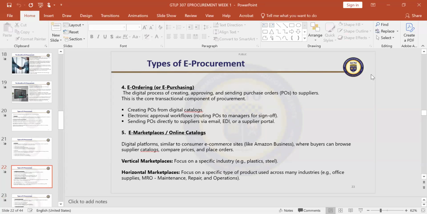Elaine can go to a vertical marketplace whereby they will go to companies that produce only hospital beds, right? Surgery beds and all those things. So another company which deals in plastic will not go into that market.